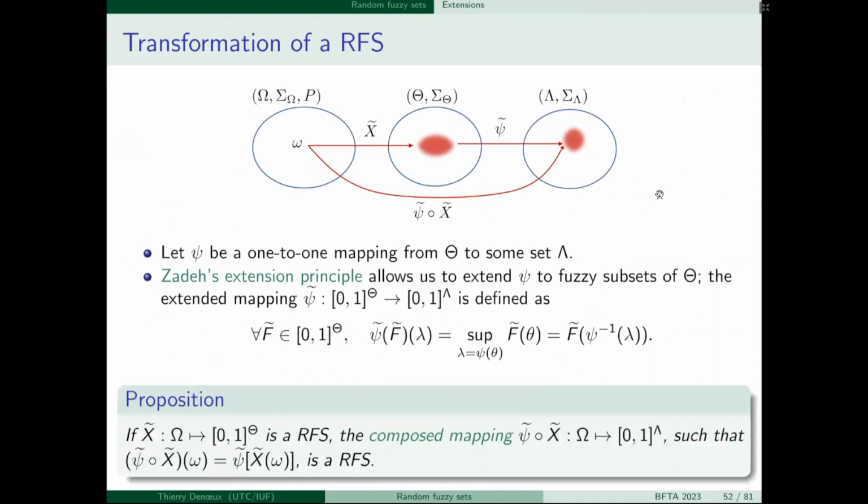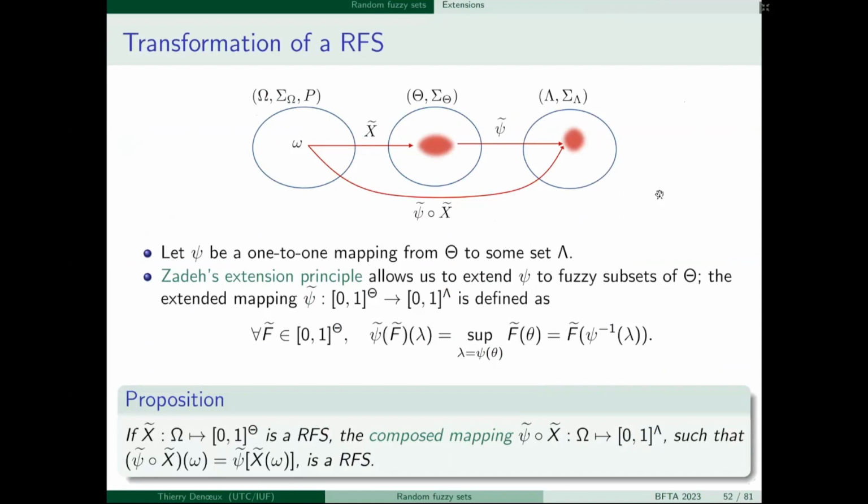You have this random fuzzy set x tilde, and you define a one-to-one mapping psi from theta to some set lambda. If you want to compose this with x tilde, you need to extend that mapping psi to fuzzy subsets of theta. What is the image of a fuzzy subset of theta by psi?